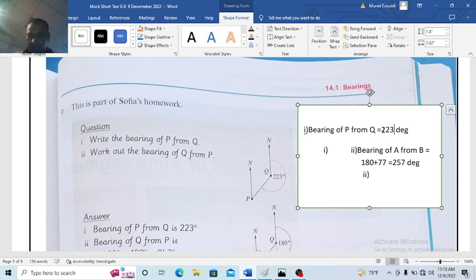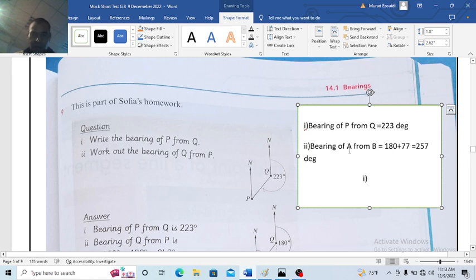Okay, now to find the bearing of Q from P, it's easy here. I will use alternate angles.